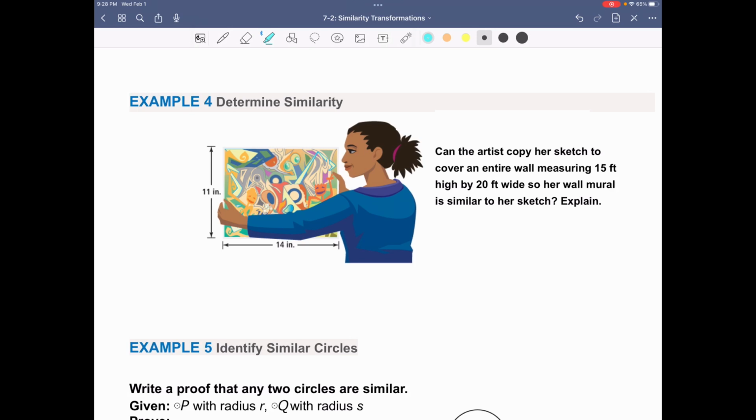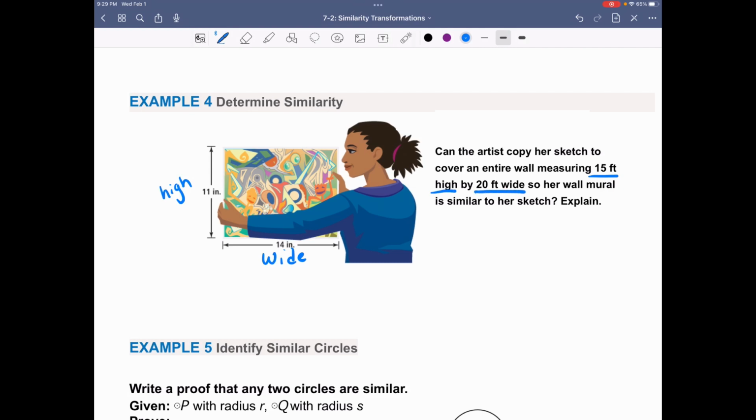And so when we're talking about scale and similarity, it's helpful to set up a proportion. So let's see. The 14 inches would be the width. So that'd be how wide is it, and then the 11 inches would be how high is it. We want to compare those numbers to the 15 feet high by the 20 feet wide.